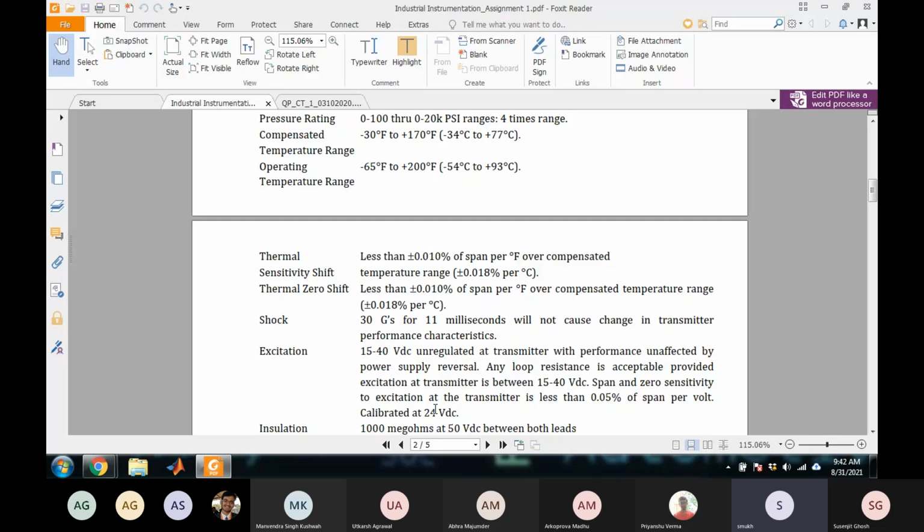It's 0.16 milliampere: 1% of span 16 milliampere is 0.16. 0.16 into 0.05 is what? It's 0.008. 0.008 into 16 is 0.128. What you said is correct. So 0.128 milliampere is the span shift due to excitation change.